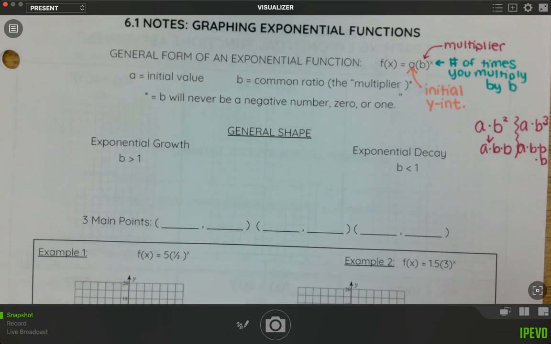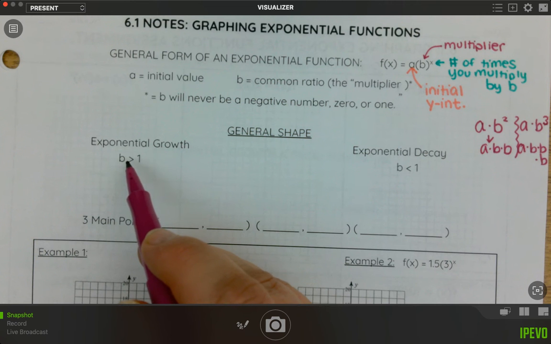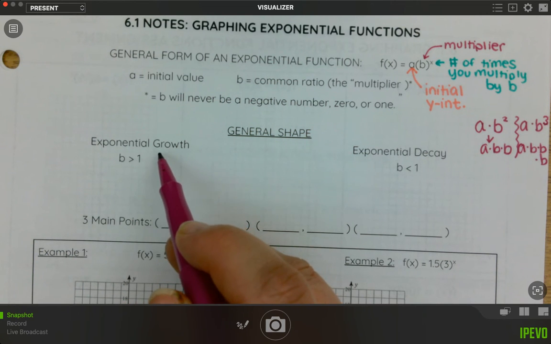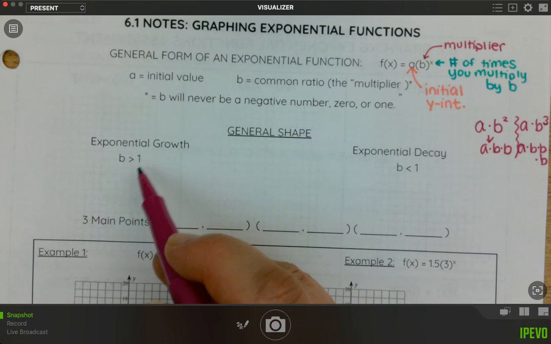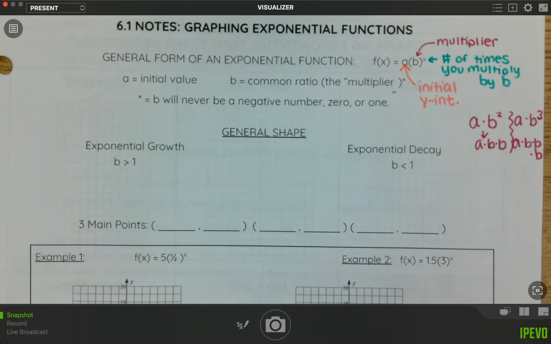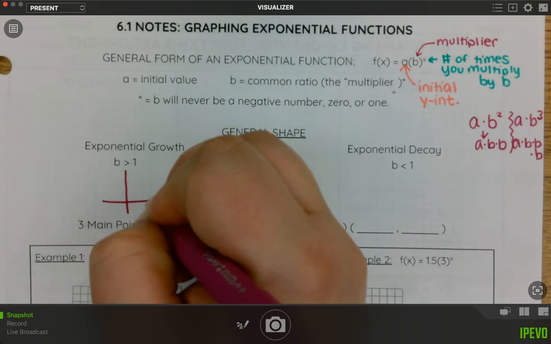If that multiplier inside of the parentheses is greater than 1, then that means it's going to be exponential growth. Because if you multiply something by a number bigger than 1, like say 2, it's going to be going up or growing. And when you graph exponential growth, it's going to look something like this.